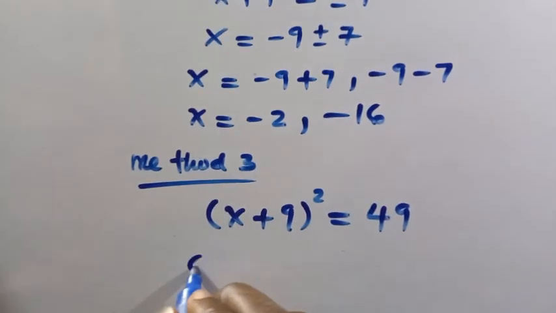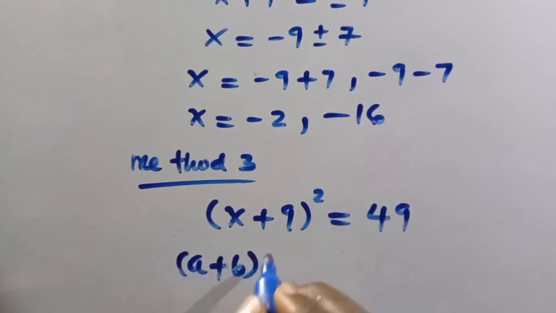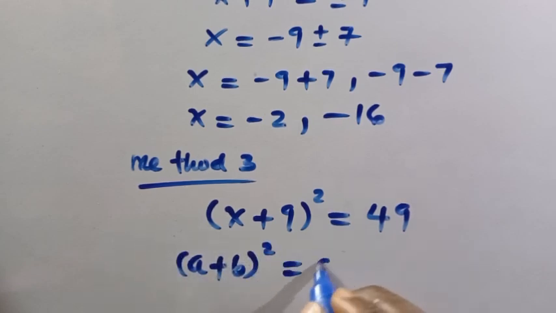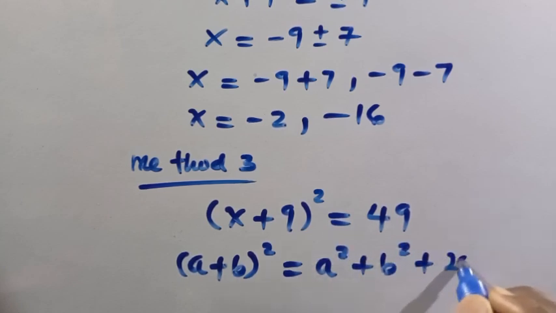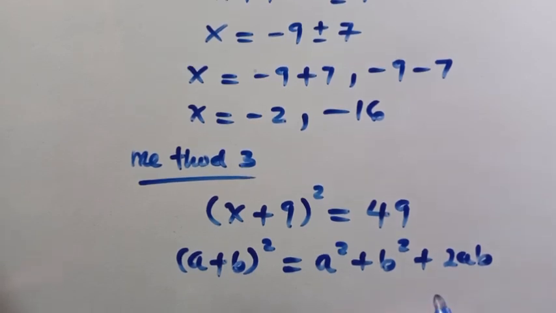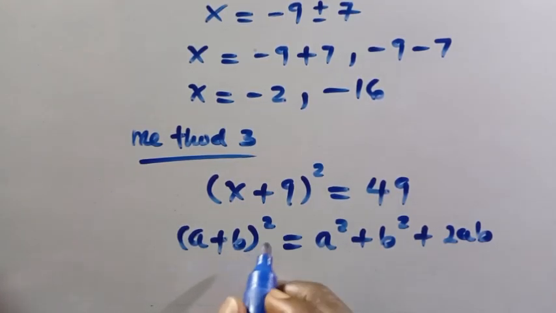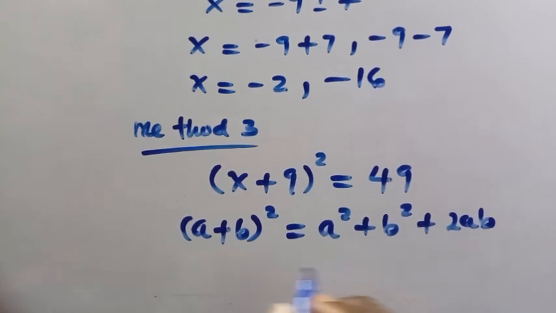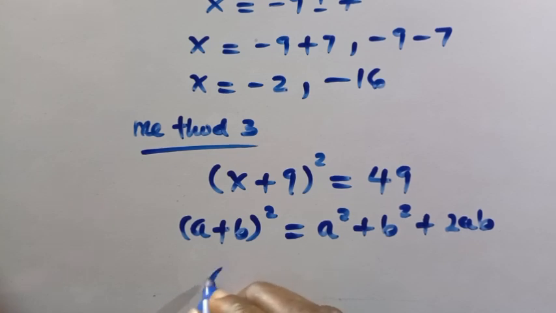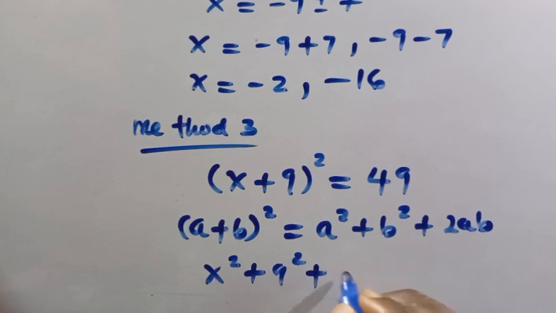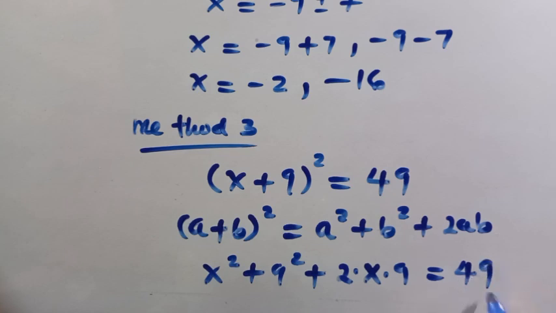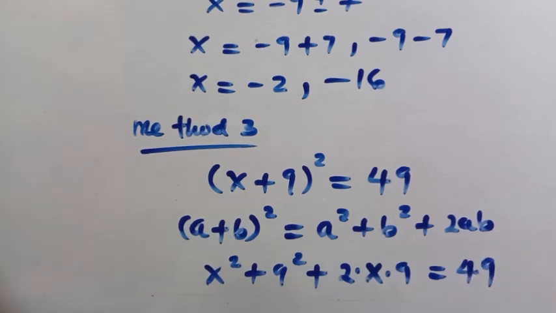If I consider this expression as (a + b)^2, this equals a^2 + b^2 + 2ab. Our a is x and our b is 9. So when we substitute into this, what we have here becomes x^2 + 9^2 + 2 multiplied by x multiplied by 9 = 49.